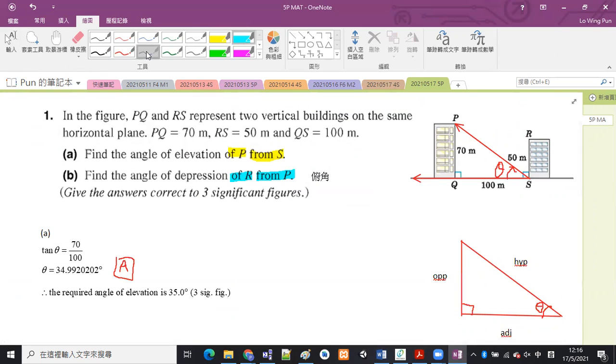Let me use blue color first. Starting from P, looking in the horizontal direction, in this direction we cannot see point R. So we need to turn the eyesight, turn the head downwards until we can see point R, right? So the blue arrows become this.